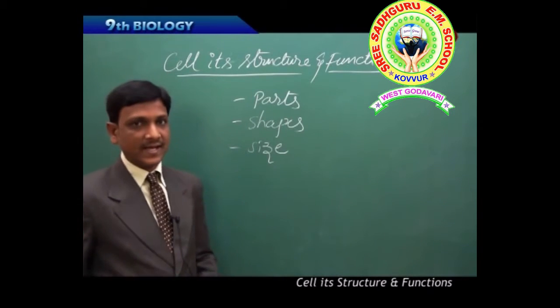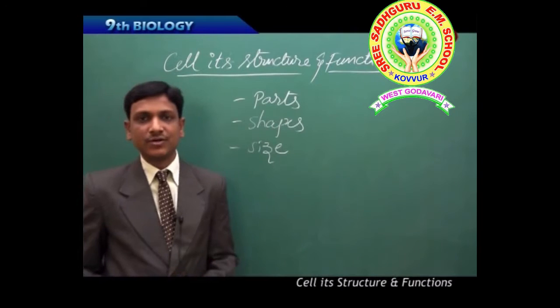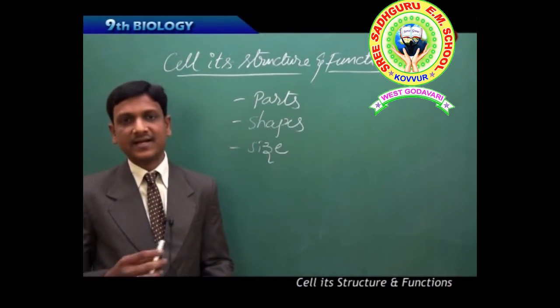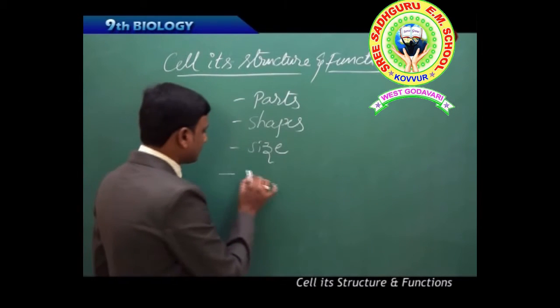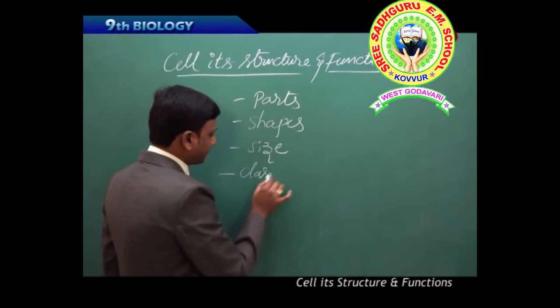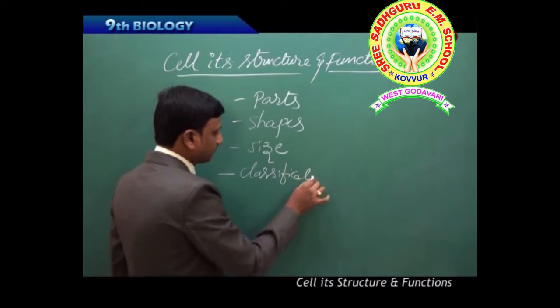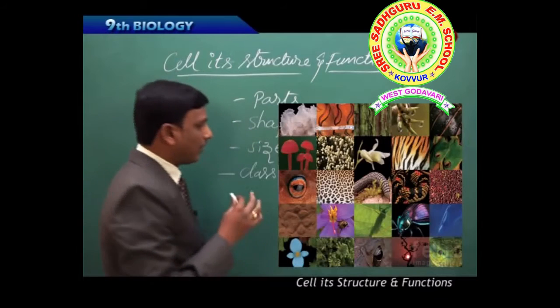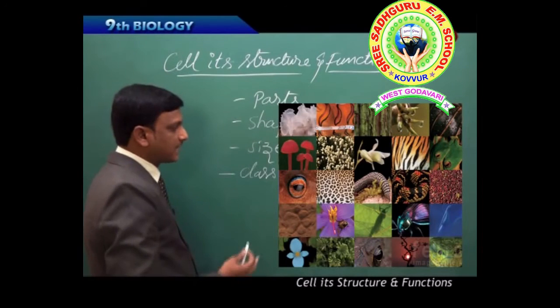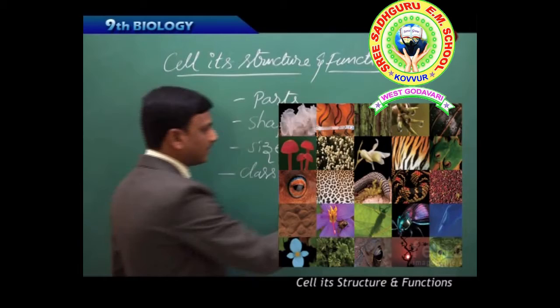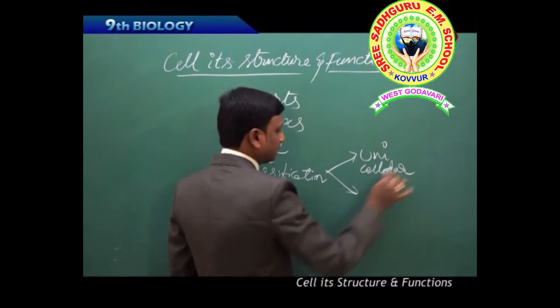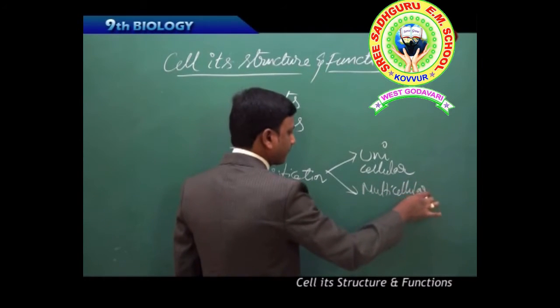We also learnt about the classification, the division of organisms based upon the number of cells they contain. All the organisms are divided into two groups according to the number of cells: unicellular and multicellular.